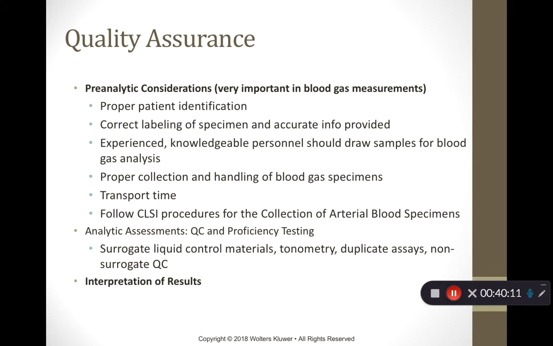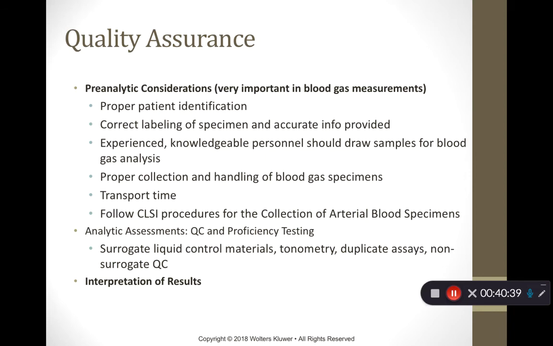So also in blood gas analysis, it's very important to consider pre-analytical issues as well. It's important to identify the patient correctly, to label correctly, and an experienced person who is knowledgeable in doing this testing should be drawing and testing for these blood gases.